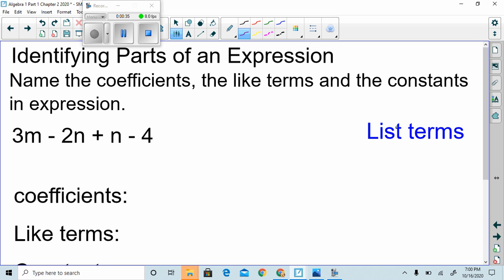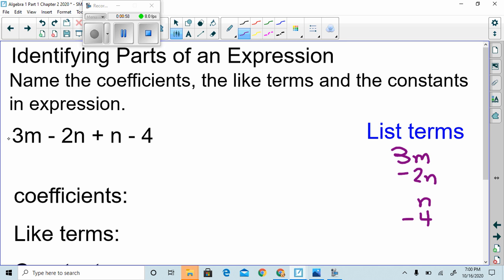Let's list the terms. There's a 3m. There is a negative, you take the sign in front, a negative 2n. You have an n, and you have a negative 4. Those are the four terms that make up this expression. Now let's talk coefficients.